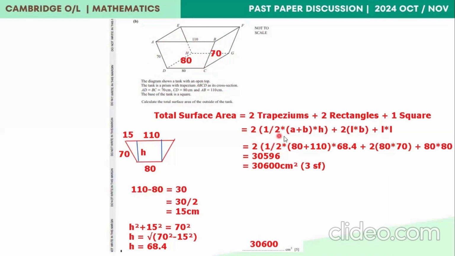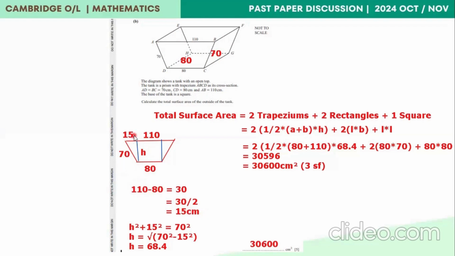So we can use the formulas like this. 2 times half into A plus B into H is trapezium. Length into breadth is rectangle and length into length is square. So we know the A and B value, but to find the height, we have to go to an additional step. We know the middle is 80, total is 110, so these two lengths are going to be equal. We first found that length, that was 15.